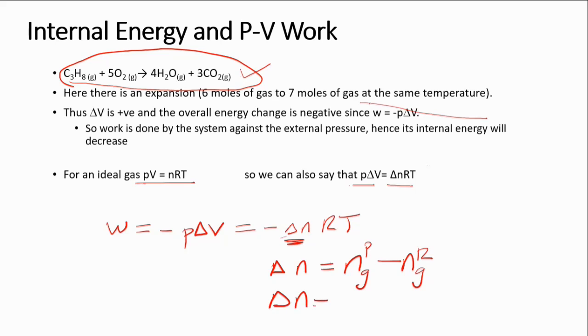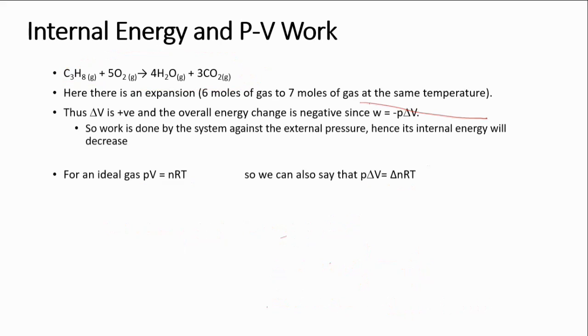Delta n is equal to, let's see, number of gaseous products, and don't forget that, is 7. Number of moles of gaseous reactants is 6. So delta n is 1 mole. Okay? Just like that.